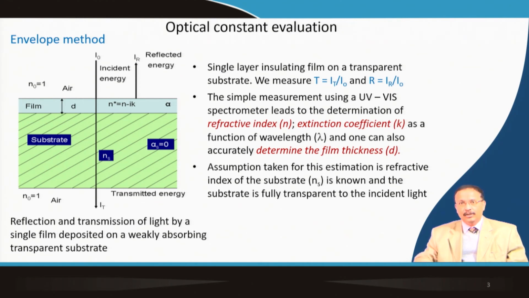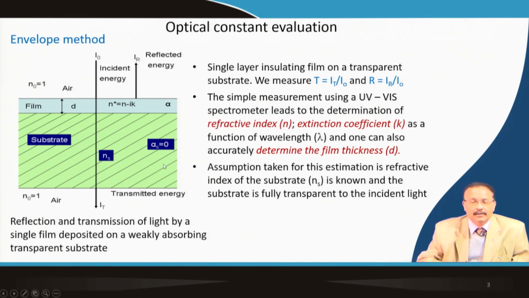You can also estimate very precisely the film thickness, and in order to do this you will have to assume that the refractive index of the substrate is known. The substrate that you are using, you know the refractive index and its variation with wavelength lambda, and also the substrate is fully transparent to the incident light.